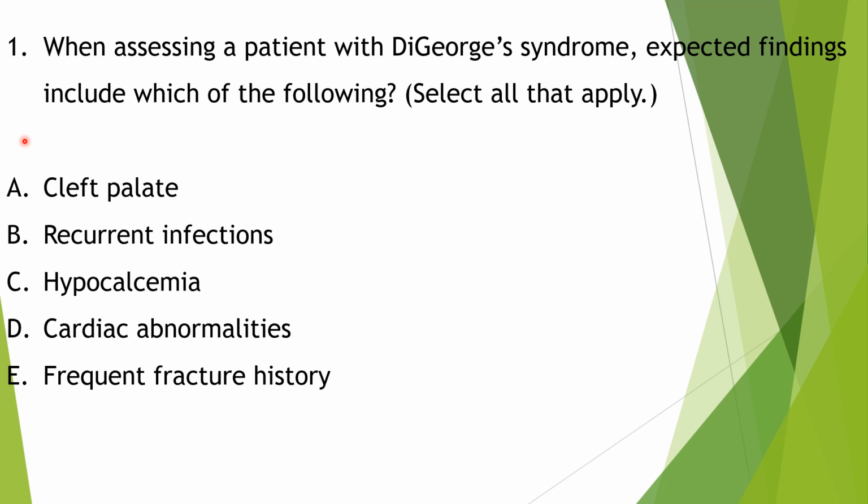So here you need to know what DiGeorge syndrome is. I told you the primary immune dysfunction may be because of T cell deficiency or B cell deficiency or both. So this DiGeorge syndrome is an example of T cell deficiency.